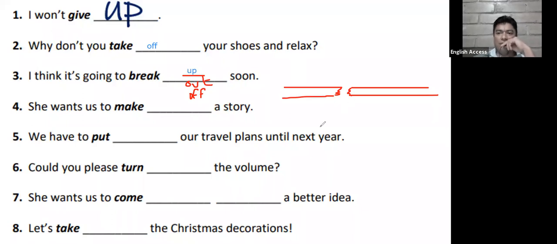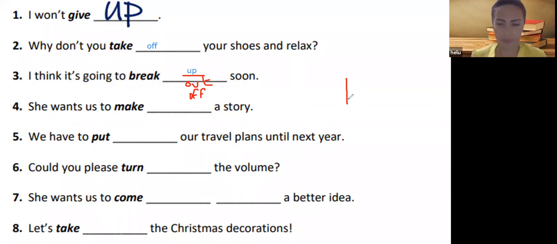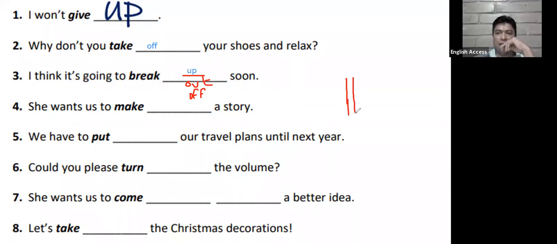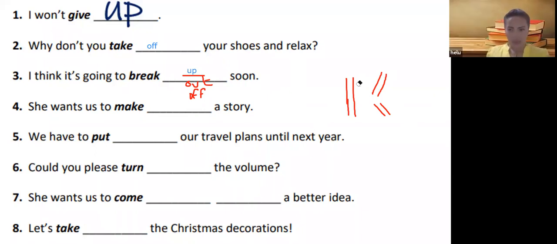Break out is when something is going to break and pop out. For example, when it's like this, and then when it breaks, boom, it breaks out. The pieces spread.